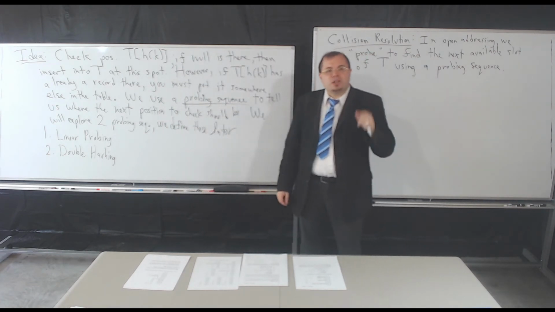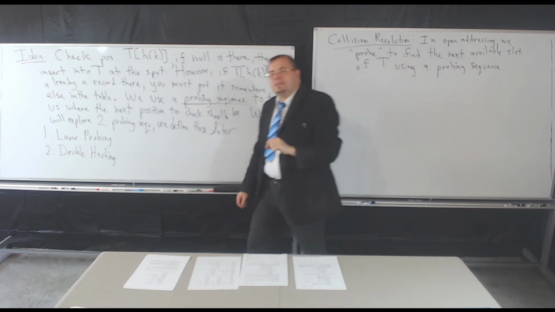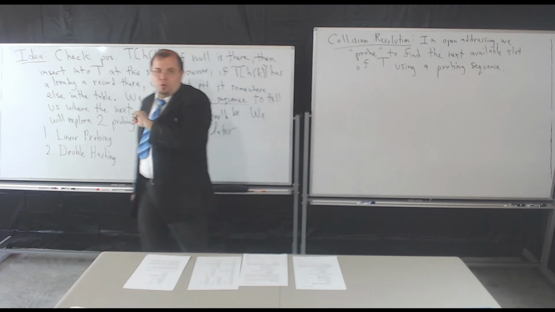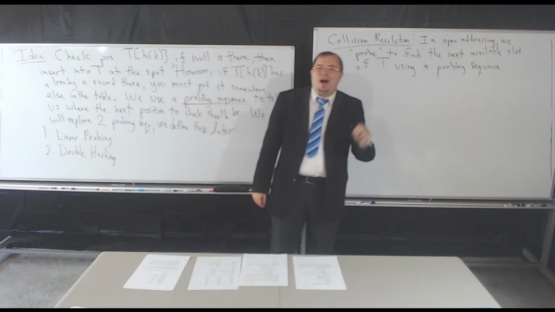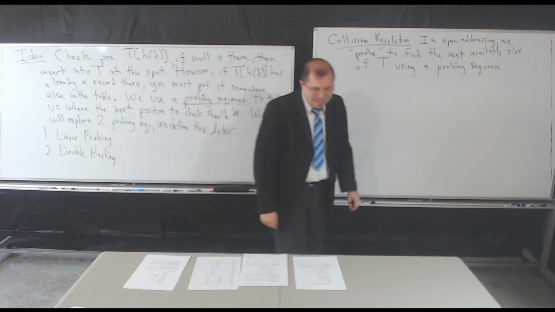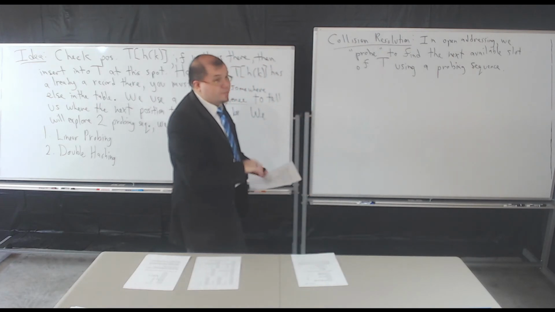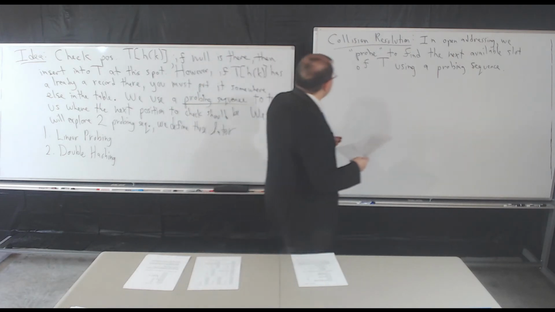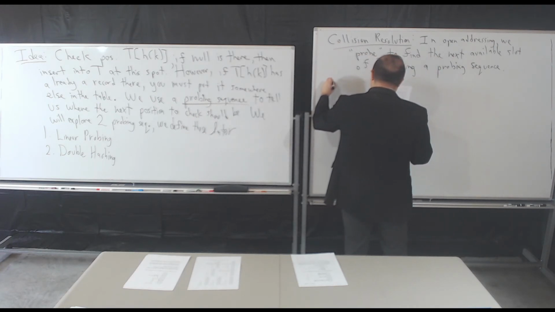Oftentimes I'll refer to following along the probing sequence as hopping or probing. Probing sounds a little bit colder. I like to think of hopping, like a cute little bunny rabbit with the floppy ears.